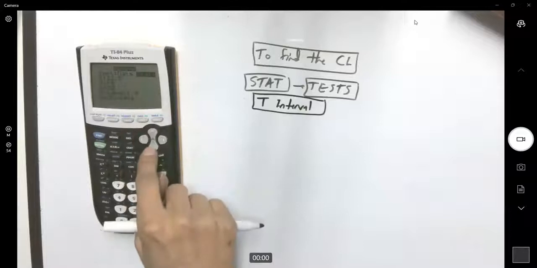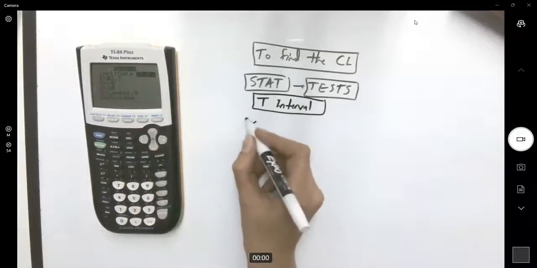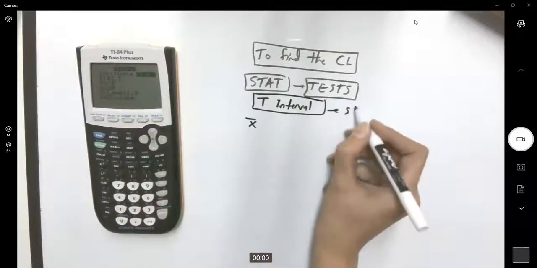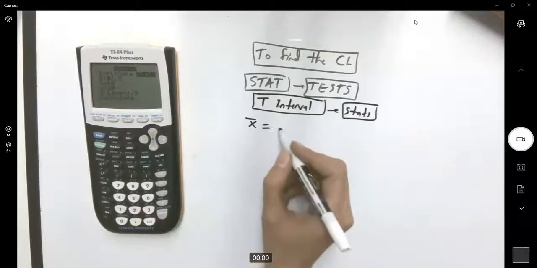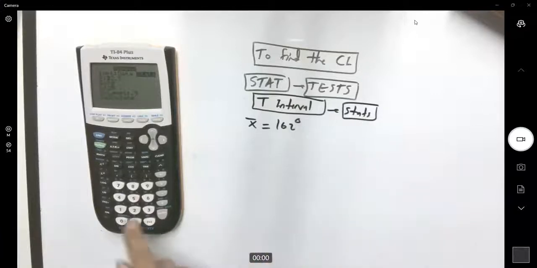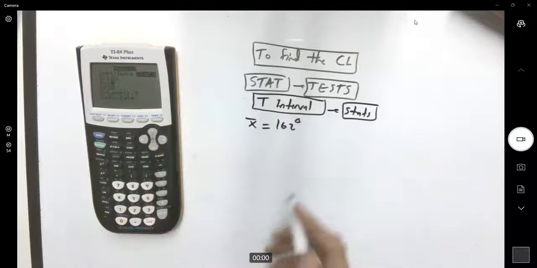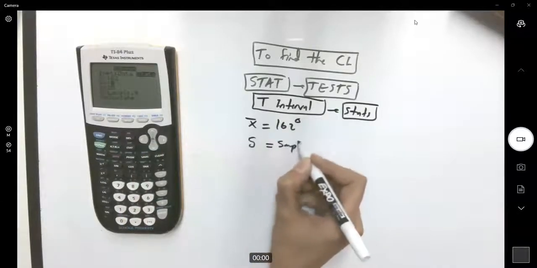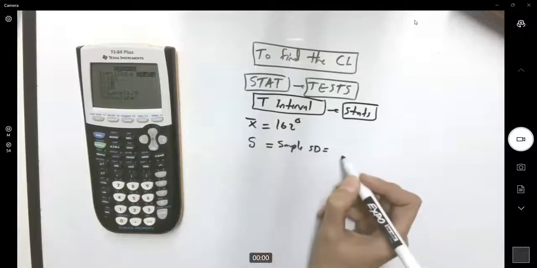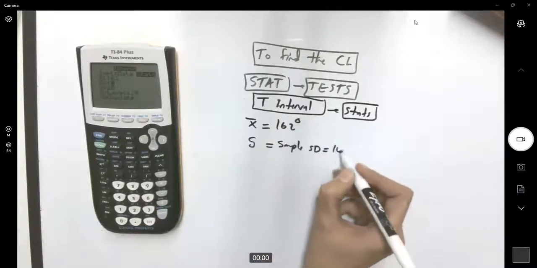So we go to stat. What is X bar? The average temperature is 162 degrees. What is S? The sample standard deviation, which is given to us as 10 degrees.